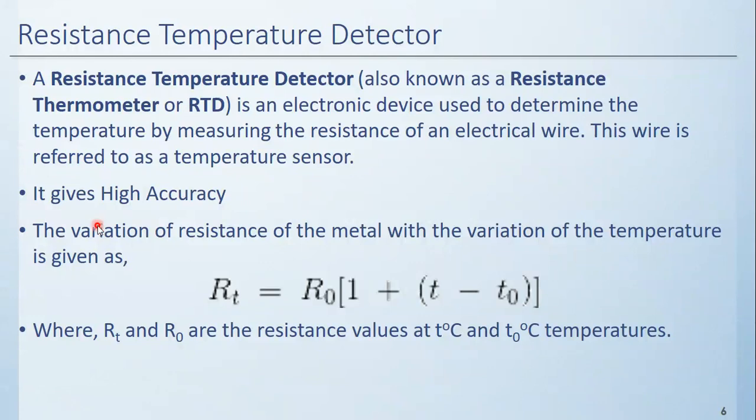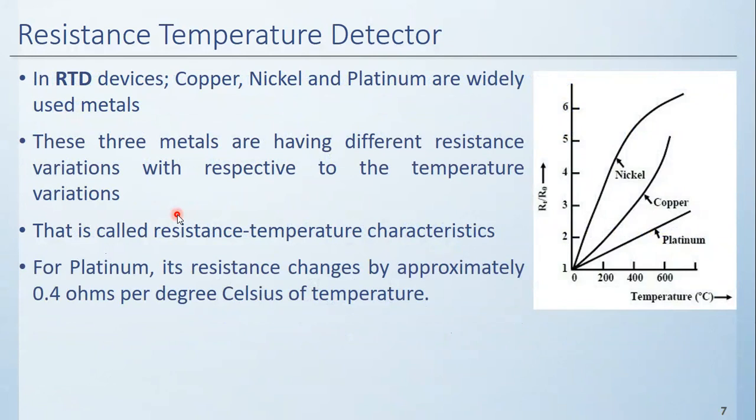Okay. The main advantage is that it has high accuracy, and mostly we will use copper, nickel, or platinum as the material of the wire. The figure shows how resistance changes with temperature for the three materials, and from this you can analyze that for platinum, the change in resistance with temperature varies linearly.